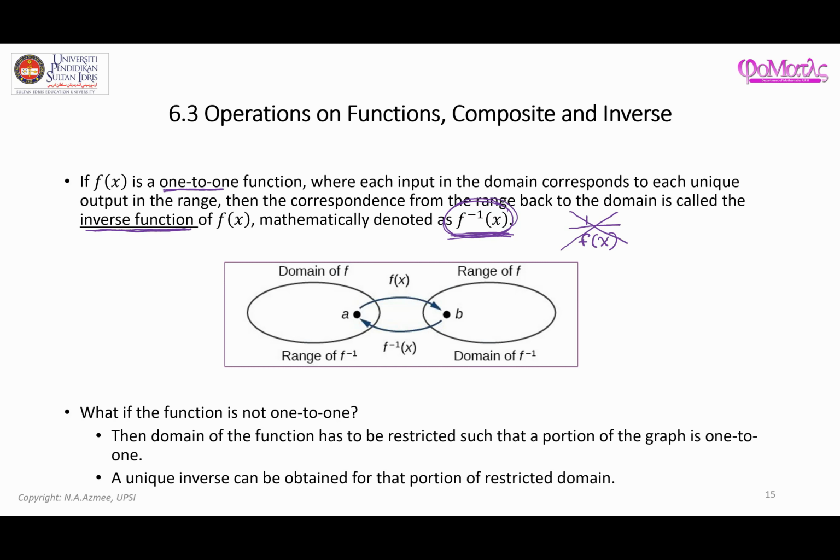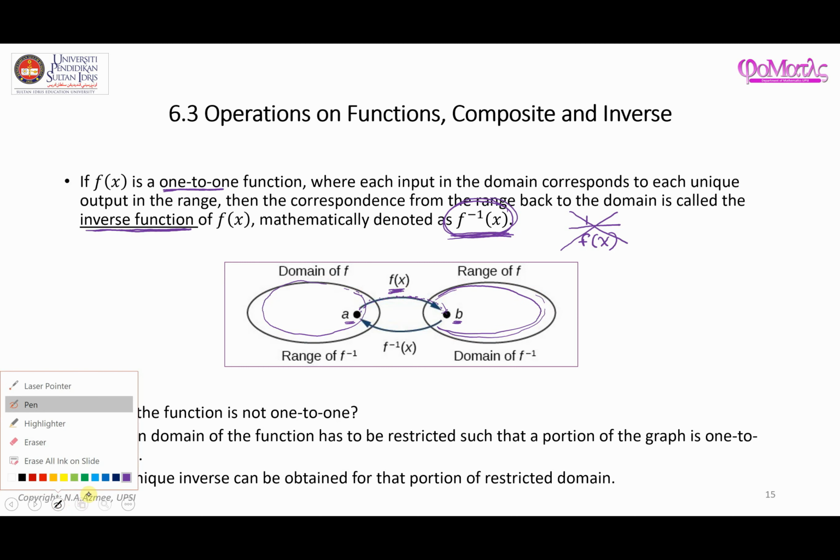So inverse function has to be one-to-one, as you can see from this simple diagram. A is the input, A is linked to B, the output, by this function called f. Therefore, this one is the domain of f, and this is the range of f.